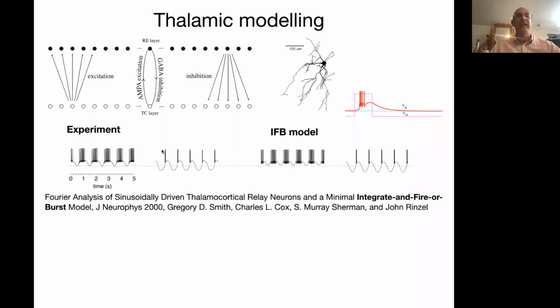The model I'm going to start talking about is a very, very simple one, a model that just makes spikes with the addition of a little extra current that allows the rebound to happen. This has been called the integrate-and-fire-or-burst model. There's a very nice development of this by Greg Smith, John Rinzel and Murray Sherman.